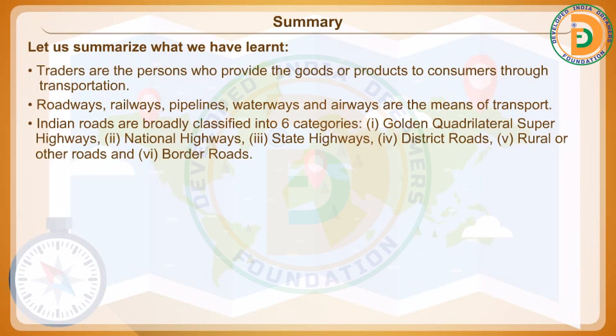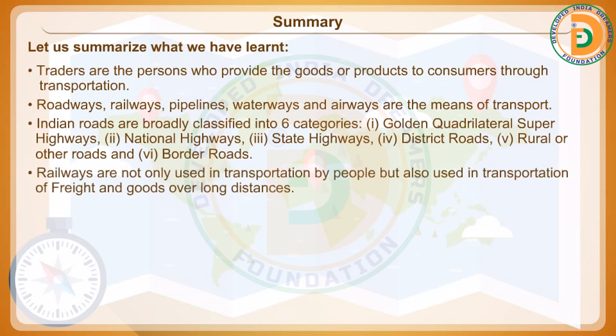6. Border roads. Railways are used not only in transportation of people, but also in transportation of freight and goods over long distances.